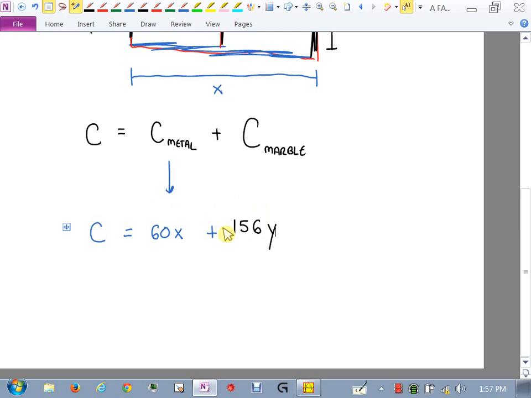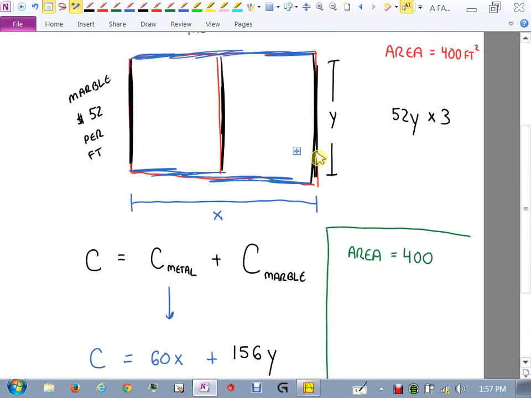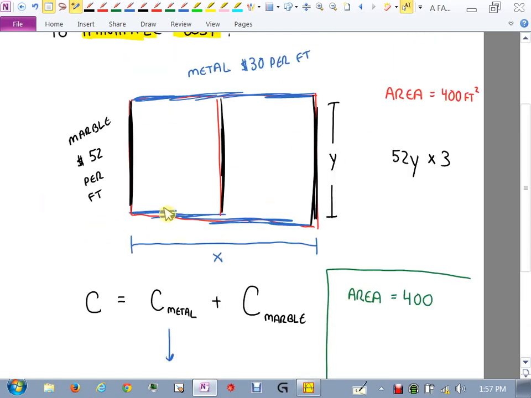The area, right? The area of this thing has to be 400. So I'm going to do a little side note over here because I'm trying to keep this all on one page. The area must be 400 square feet. What is the area of this thing, by the way we drew it? Careful, area is length times width, isn't it?